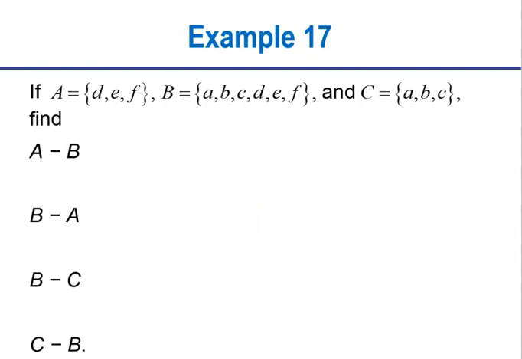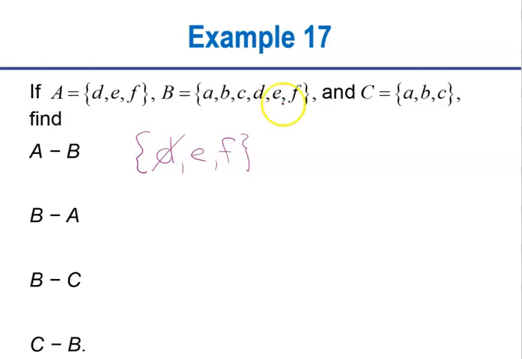Got more examples for you. If A is the set DEF, B is the set ABCDEF, and C is over there as ABC. We want to find the difference of the sets A and B. Now, a smart thing to do would be to simply write the set A down, D, E, F, and remove anything that's in B. Notice that D is in B, so I'm going to get rid of it.